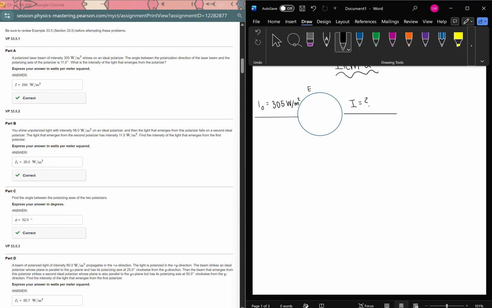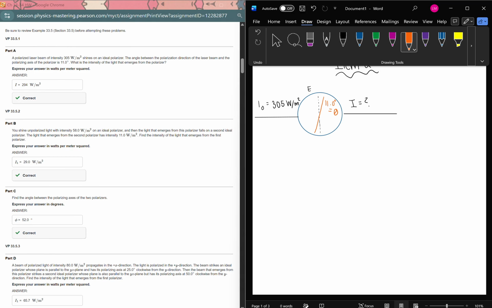So this is going to be the polarizing axis straight down, and then we're gonna use a different color for the angle. So the angle is about 11 degrees. Okay, so that is the angle between the polarization direction of the laser beam and the polarizing axis of the polarizer, which is 11 degrees.